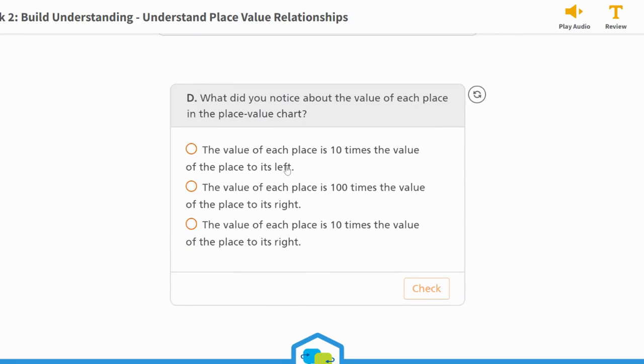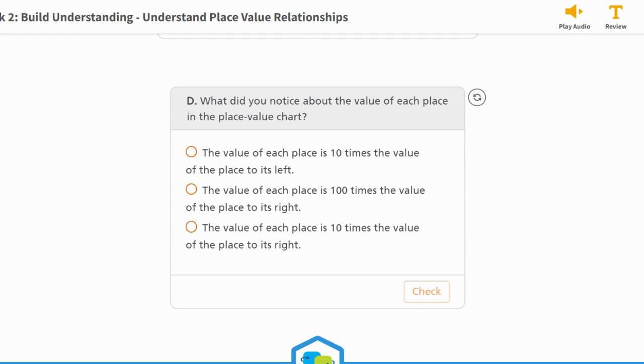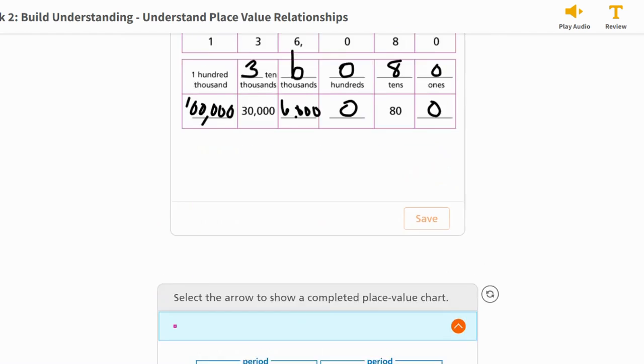Did you notice the value of each place is 10 times the value of the place to its left? Is it that the value of each place is 100 times the value of the place to its right, or the value of each place is 10 times the value of the place to its right?